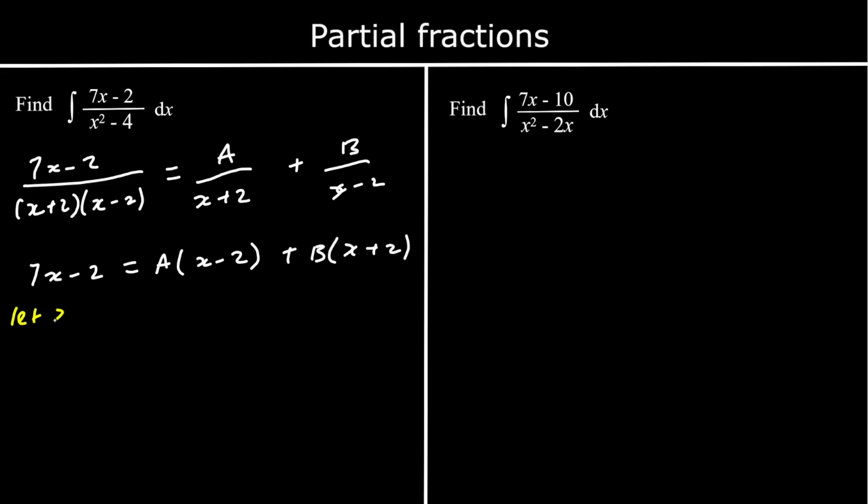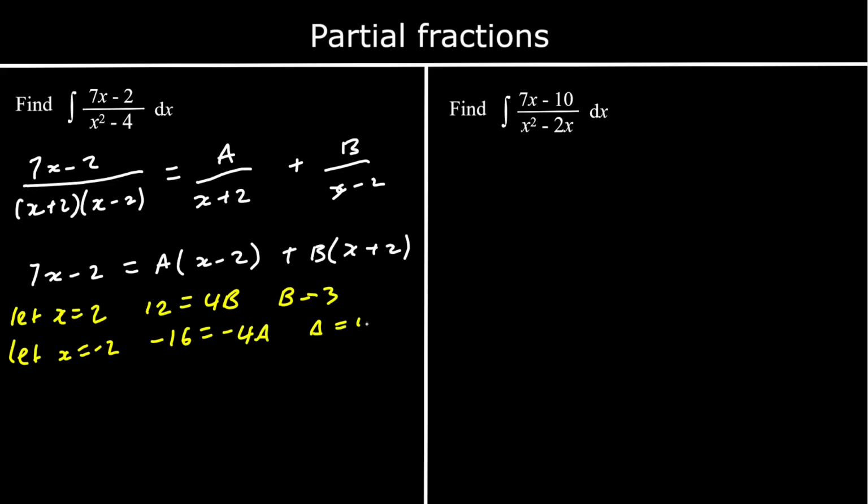If we let x equal 2, we'll get 14 take away 2, 12, equals 4b, so b is 3, and let x equal negative 2, so negative 14 take away 2, negative 16 is negative 4a, so a is 4.